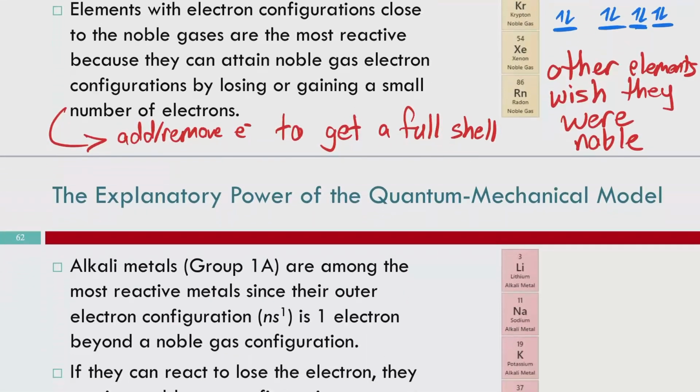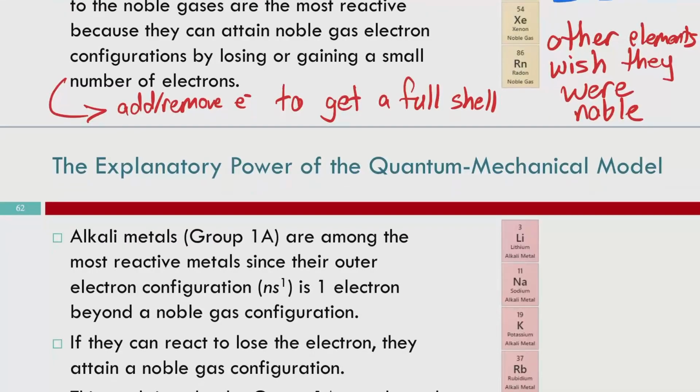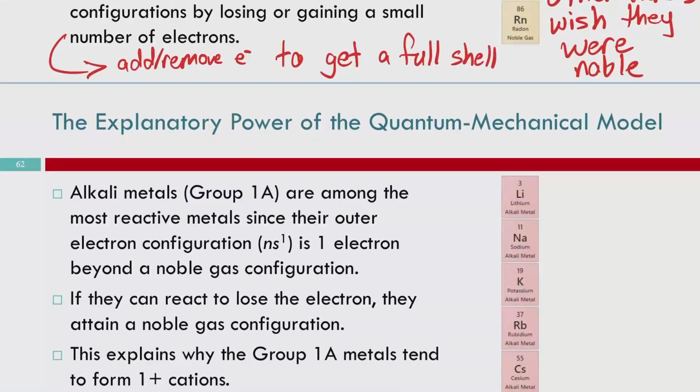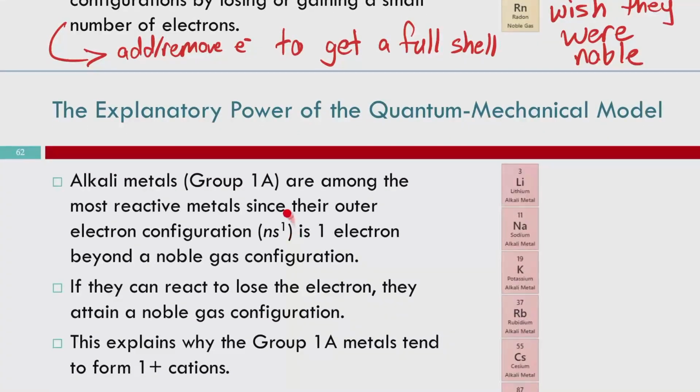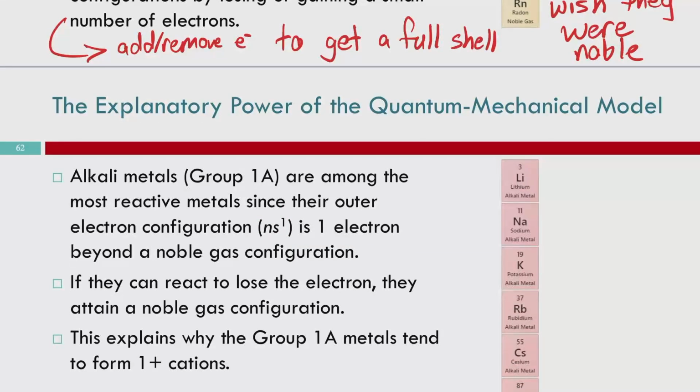For example, our alkali metals. The alkali metals are our first column on the periodic table, and they all have the outer electron configuration ns1, where n is their row number. So for example, for potassium's electron configuration, if we look at the previous noble gas, it's argon, and then it's row 4, because hydrogen's left off here for some reason.